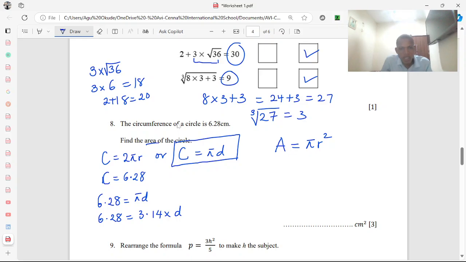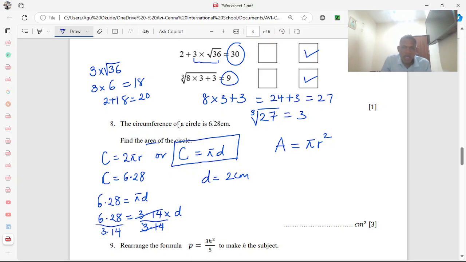Now this question is actually non-calculator, so I can divide this mentally. It's possible. For us to get the value of d, divide both sides by 3.14, so this cancels out this. Now the value of d is actually 2 centimeters, because if you divide 6.28 by 3.14, that gives you 2.